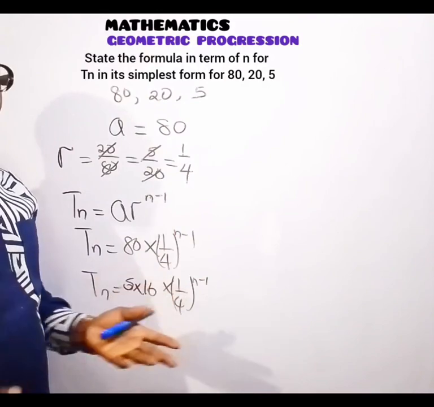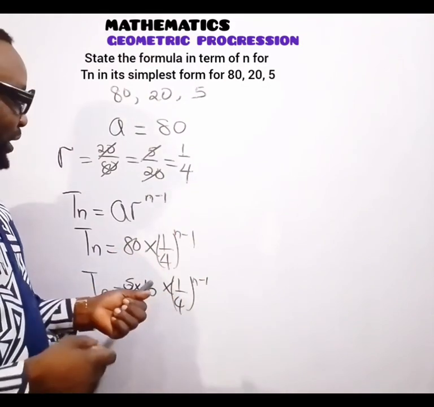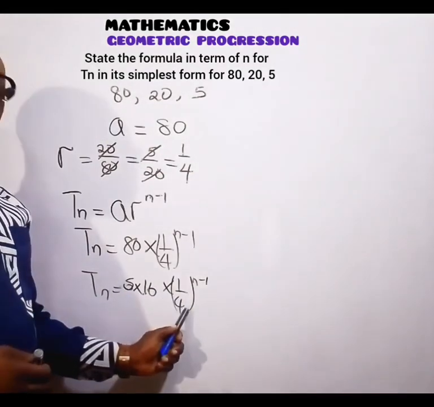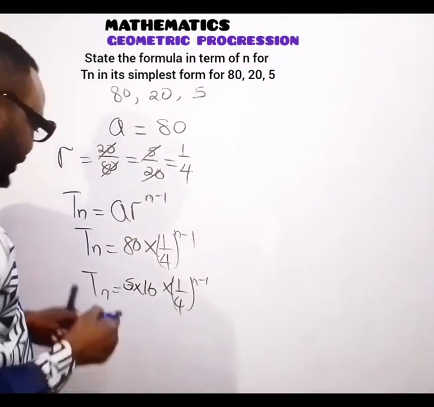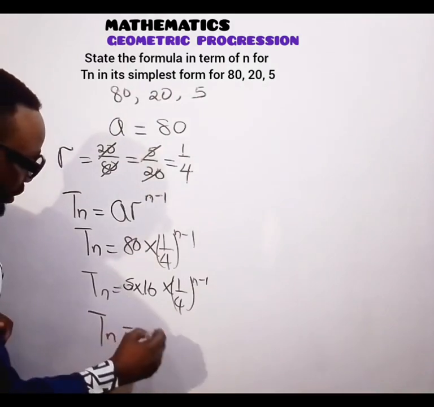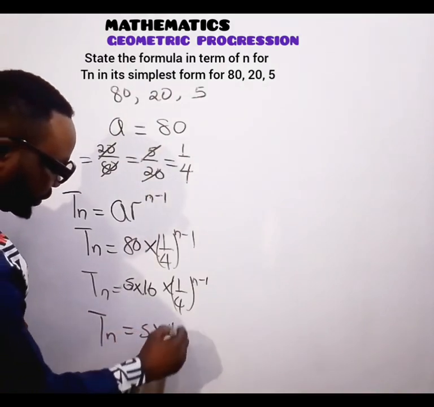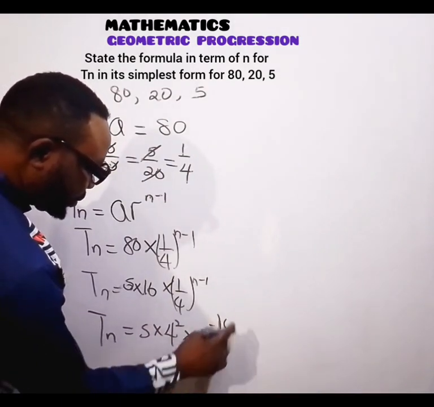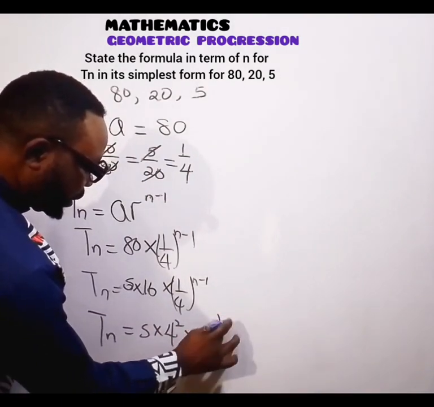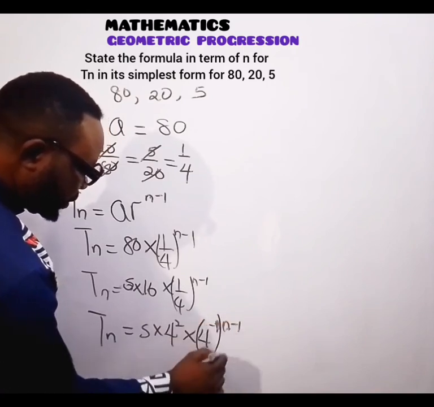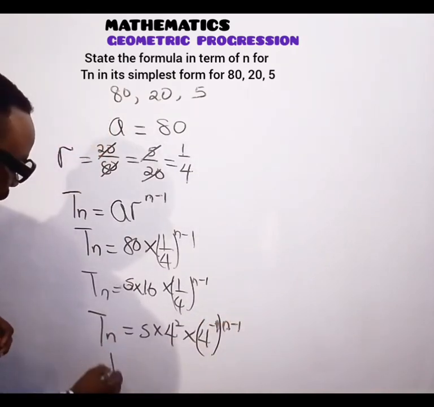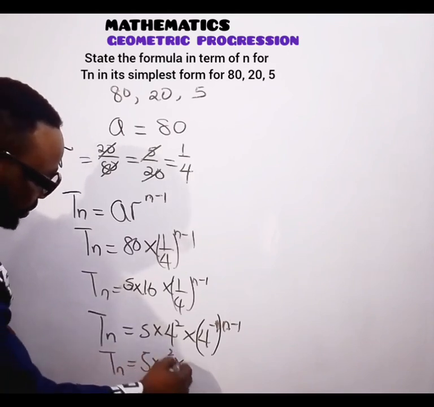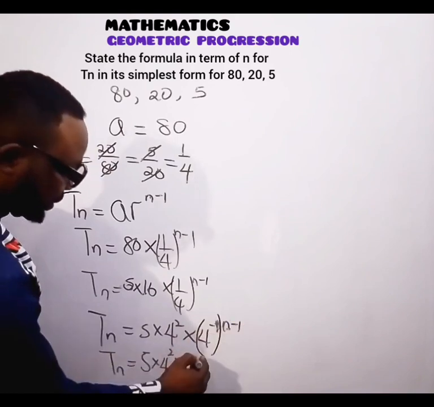Good, it has been converted to 4. So what we are just interested in is to convert the value we have here to a value at the denominator here. So we have the n term now to be equal to 5 multiplied by 4 raised to the power of 2 multiplied by 4 raised to the power of minus 1 into bracket of n minus 1. So we are having that one to be n term 5 multiplied by 4 raised to the power of 2 multiplied by 4 raised to the power of minus 1 times n minus 1.